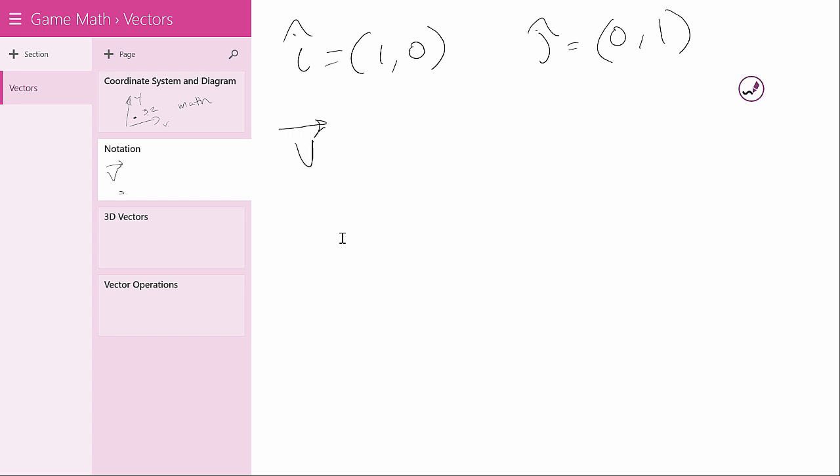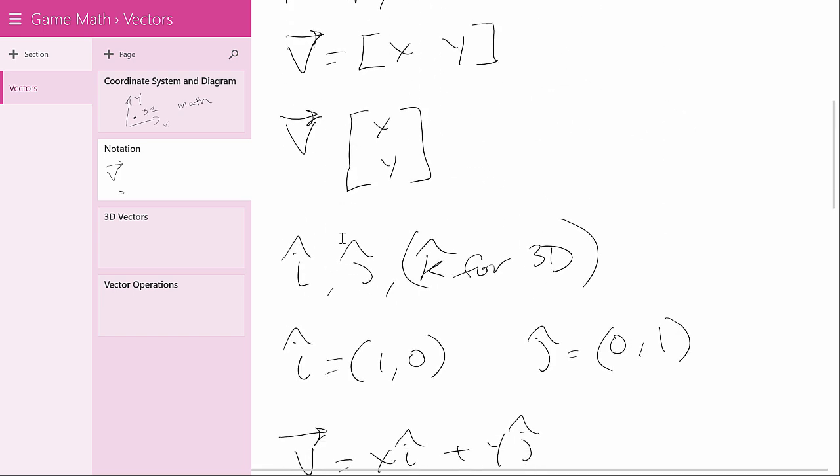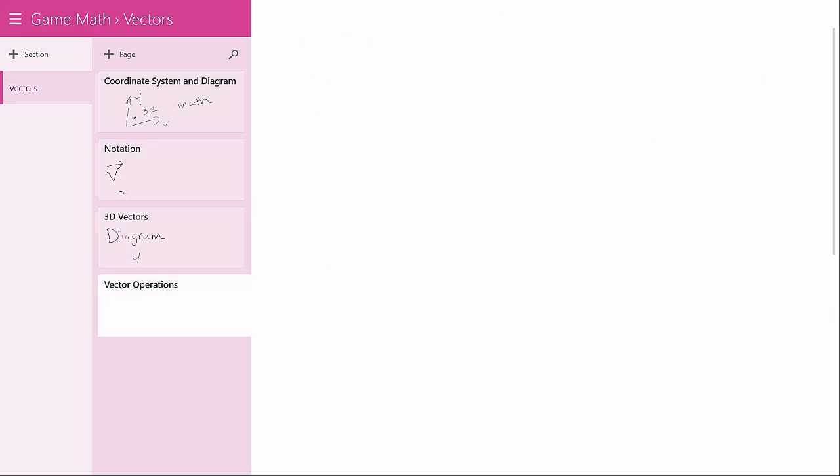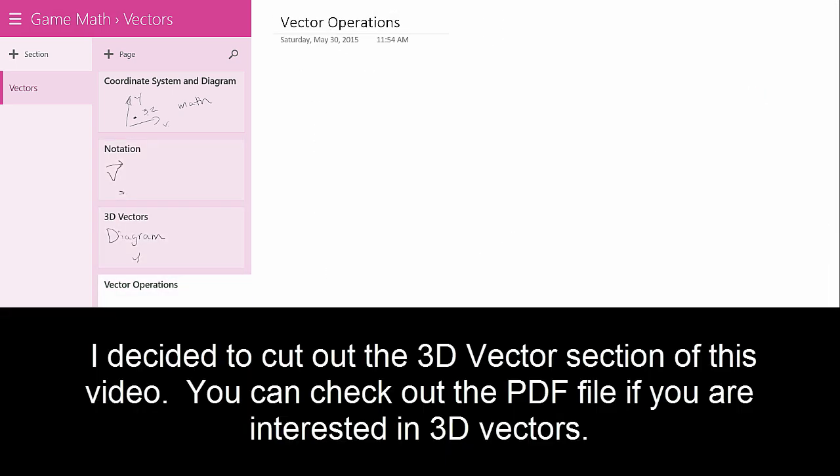So v is going to equal the x component times the i unit vector plus the y component times the j unit vector. So that is the engineering or physics notation. So let's go ahead and go to vector operations.